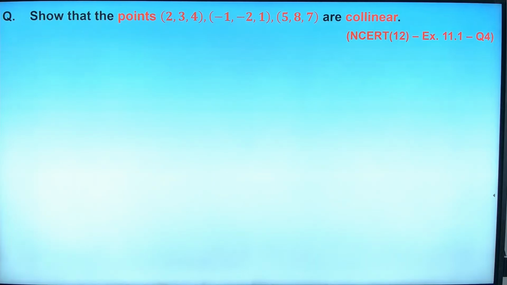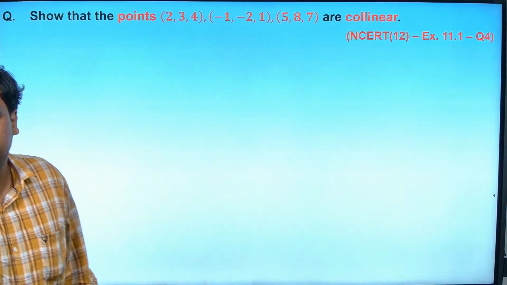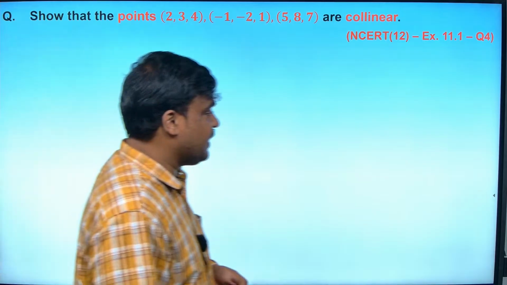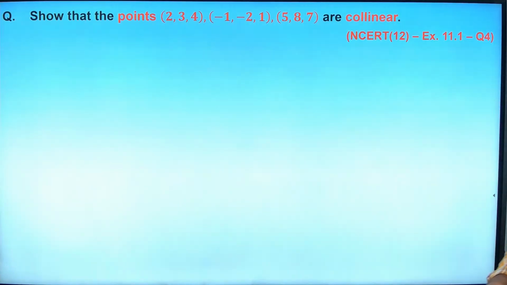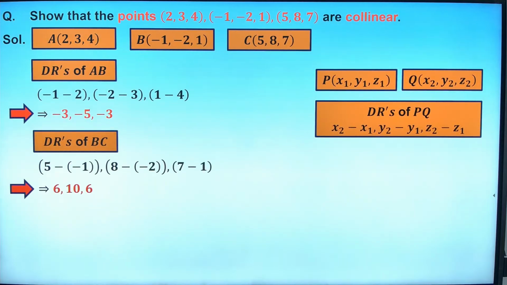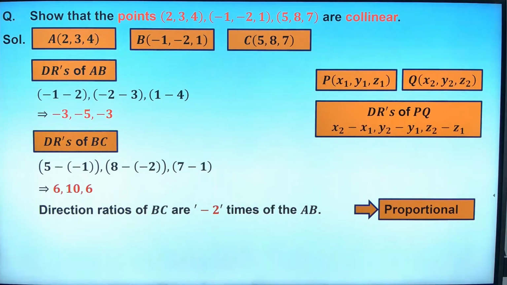Once again, what are you guys going to do? Understand this well. When I asked collinear there, what did you do? We did it there using the distance formula. Here we should not do it like that. That is why this question comes again. Here what can we do? I'll find the direction cosine of each one. They will be proportional, they need not be equal. If they are equal, then it is the same.